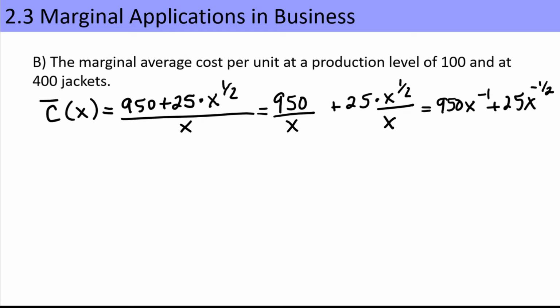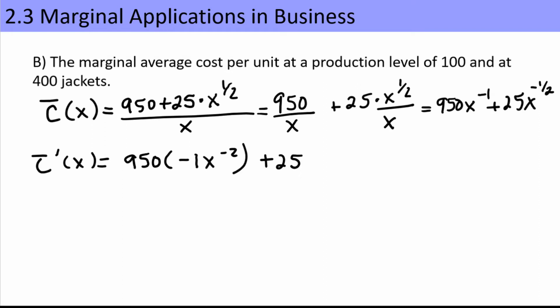Now we can readily take the derivative of this function, so C bar prime is equal to 950 times the derivative of x to the minus 1, which is minus 1 x to the minus 2, plus 25 times the derivative of x to the negative 1/2; we bring the negative 1/2 down, and x to the negative 1/2 minus 1 would be minus 3/2.